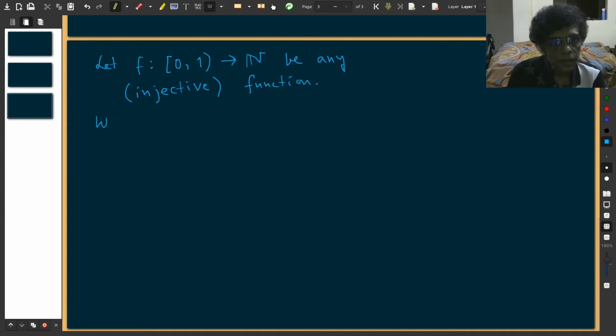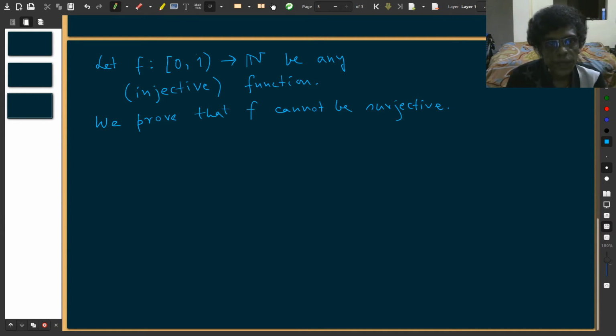So we prove that f cannot be surjective. It may be injective, but it cannot be surjective, and therefore it cannot be a bijection.